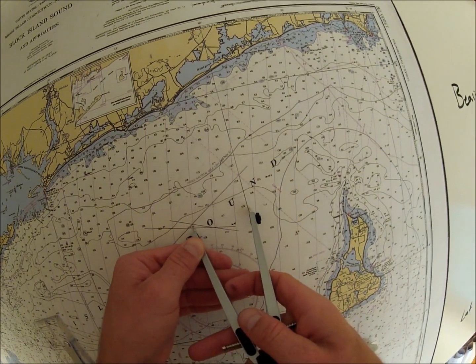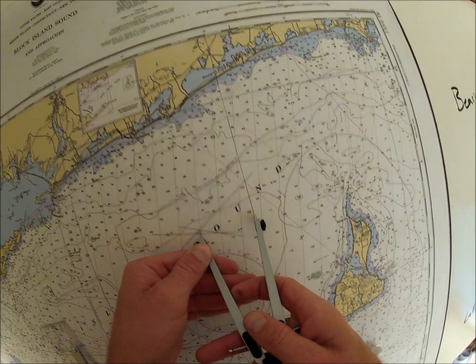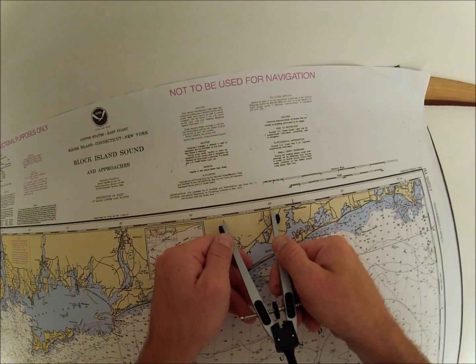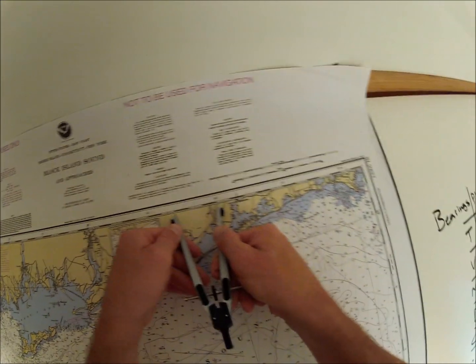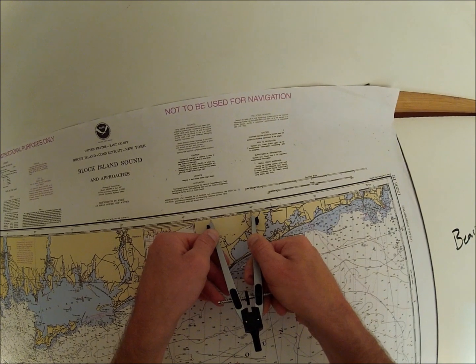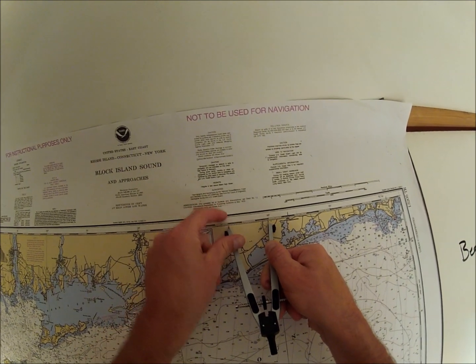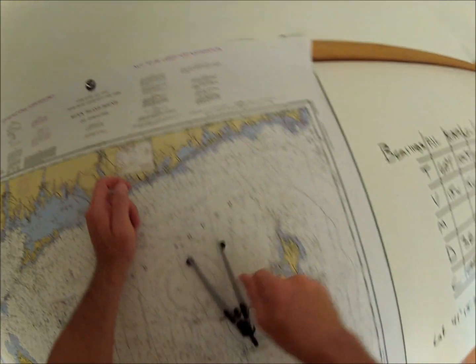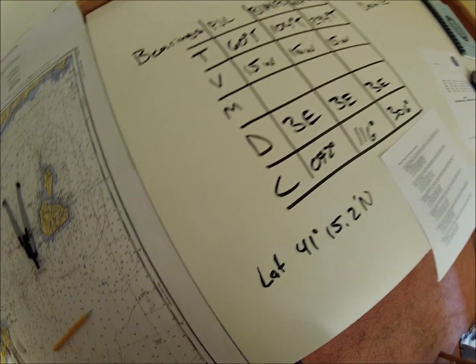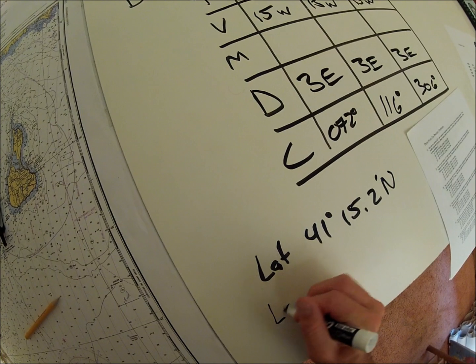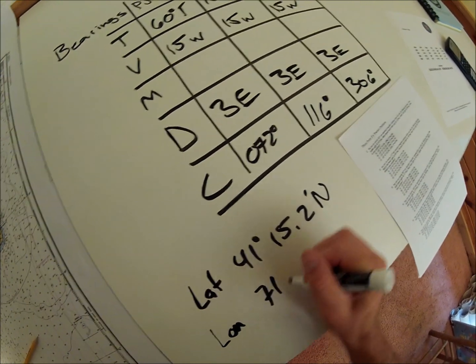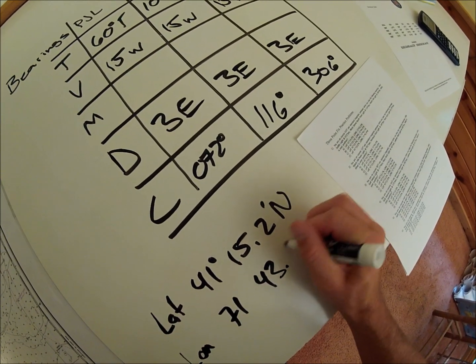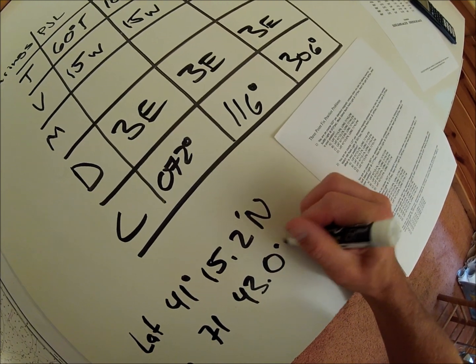If you make an arc, you can tell. Okay, 71, 40, 1, 2, 3. 71 43.0 minutes west.